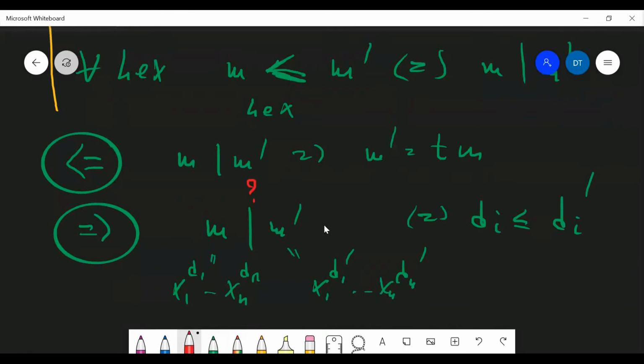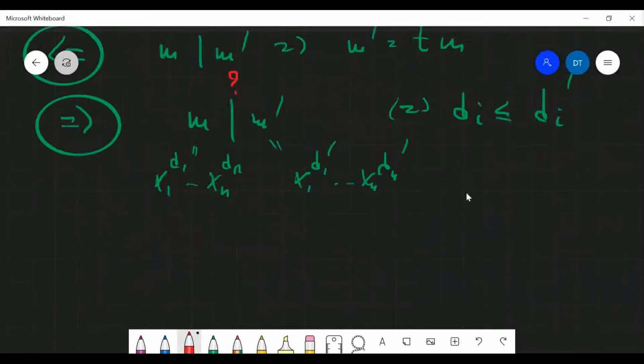So you want to prove that the degree of each variable on the left is not greater than the degree of each variable on the right. In order to do this, just take the lexicographical ordering like this: xi is the highest one, and then just arrange all the others in any order.